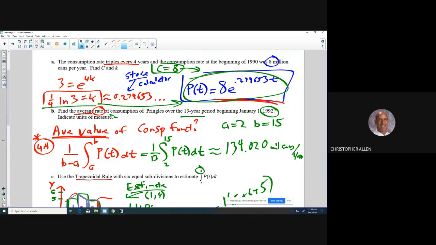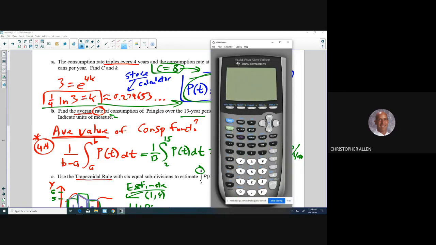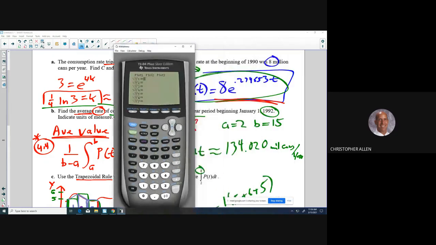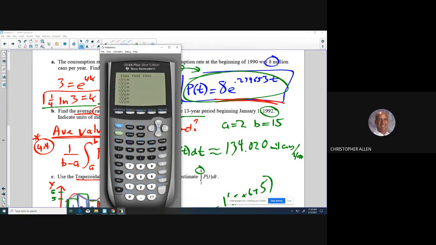So if you have not done so yet, would you please, with your calculator, in Y1, go here, and hit clear, and now I'm going to plug in this equation, 8 e to the k x.